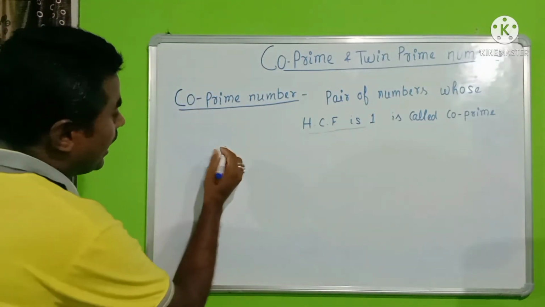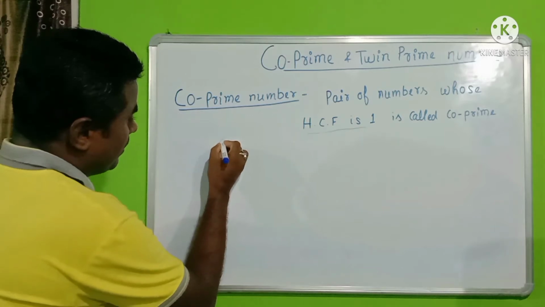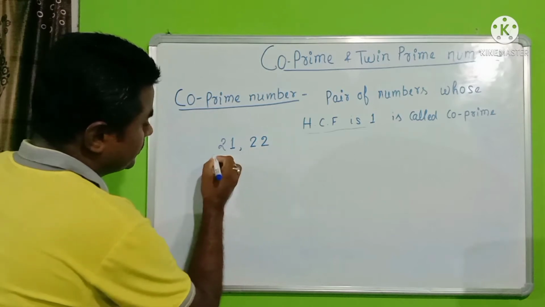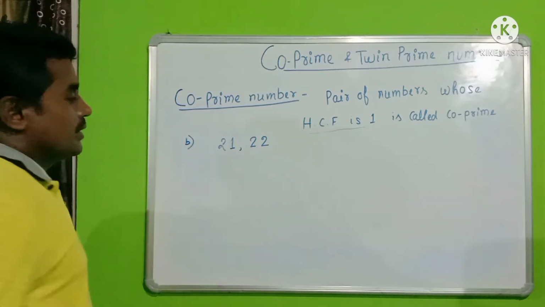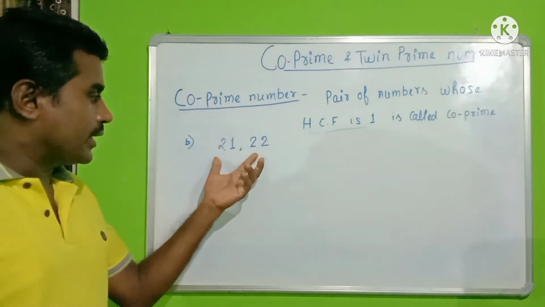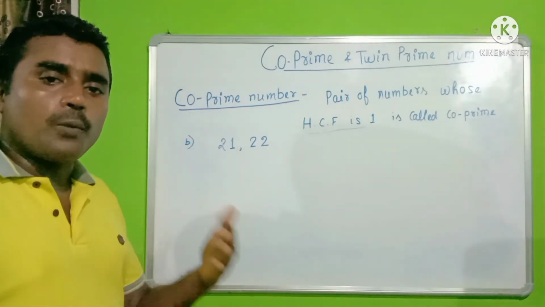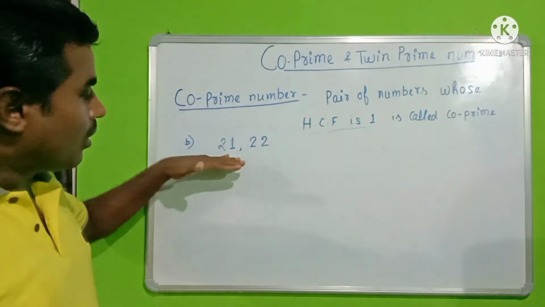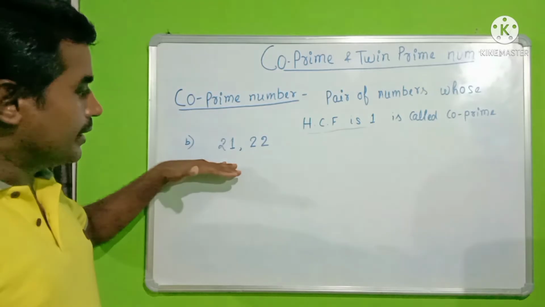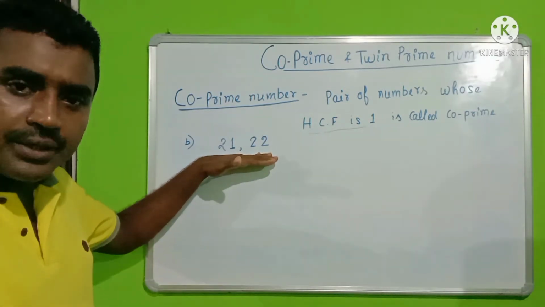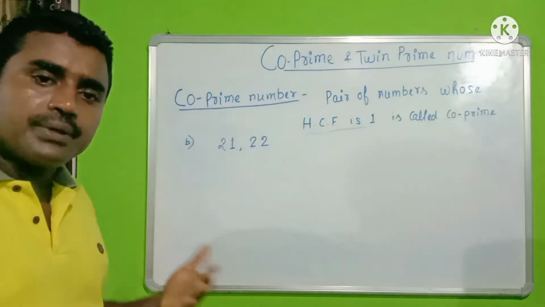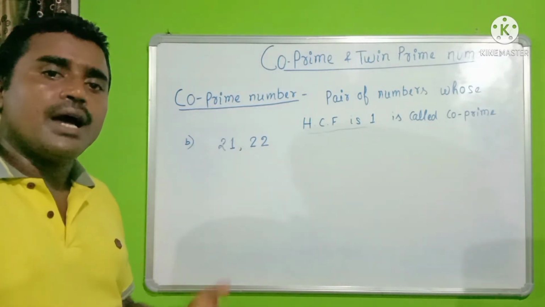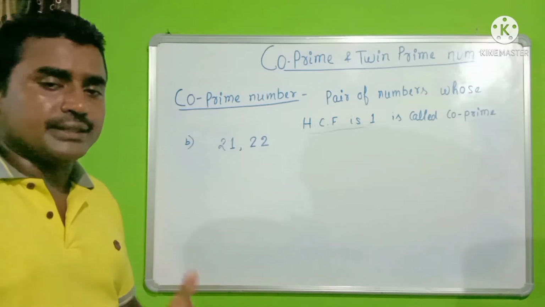This time I take pair of numbers 21 and 22. We need to check whether 21 and 22 are coprime or not. So what we do first? We find all factors of 21, then all factors of 22, then common factors of 21 and 22, then we find the highest common factor or HCF.